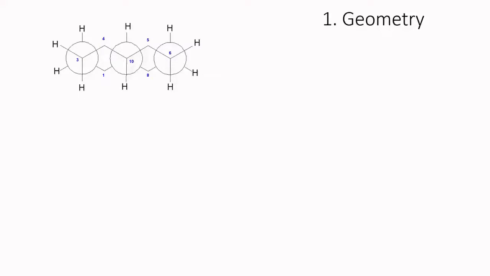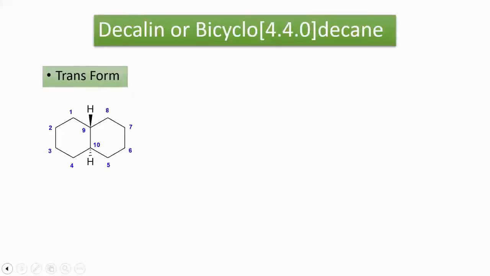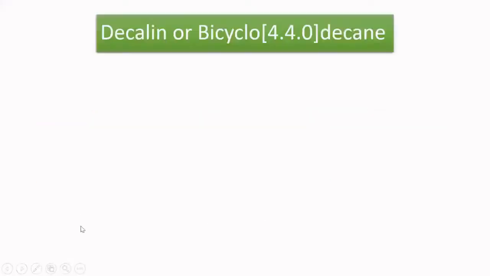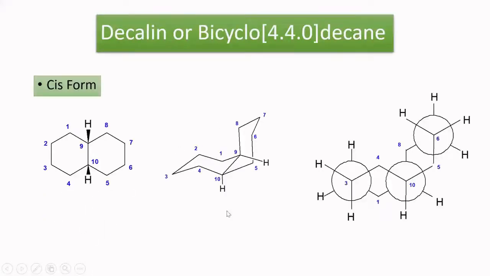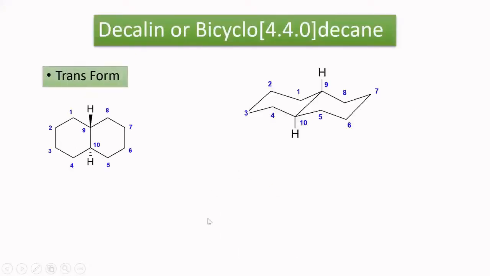If you remember the previous structures, in all the cis and trans Decalin we drew, both of the cyclohexane rings were drawn in the chair conformation, whether it is the cis form or the trans form.